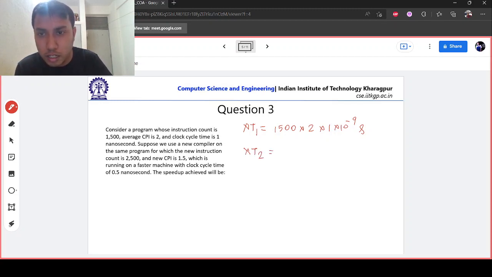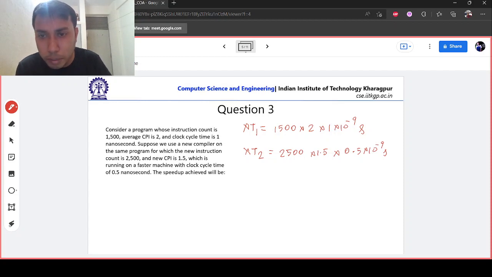Now the second one: the number of instructions given is 2500, CPI is 1.5, and it is running on a faster machine, so it has a clock cycle of 0.5 into 10 to the power minus 9 seconds. So what is the speed up?